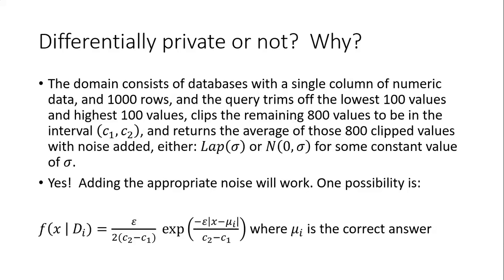You could just assume that nobody's taller than 120 inches or whatever, because nobody has ever been taller than that. So if you say all of the values for my heights are between 0 and 120 inches, now you can compute the sensitivity of that query function, because the trimmed mean is only going to change by a certain amount, which would be 120 divided by 800. That's the maximum that it could possibly change.